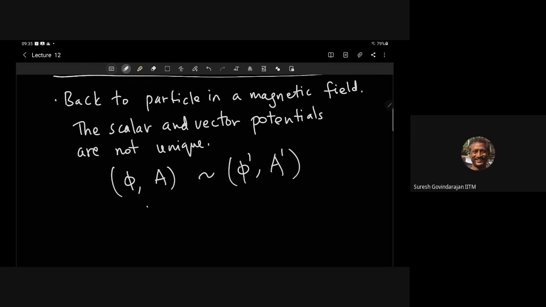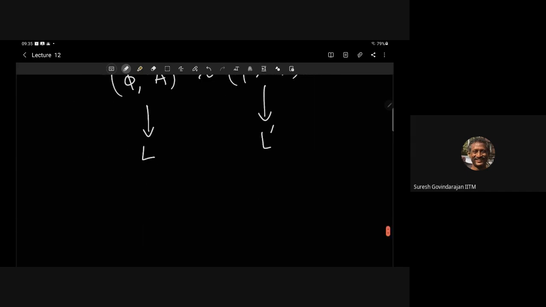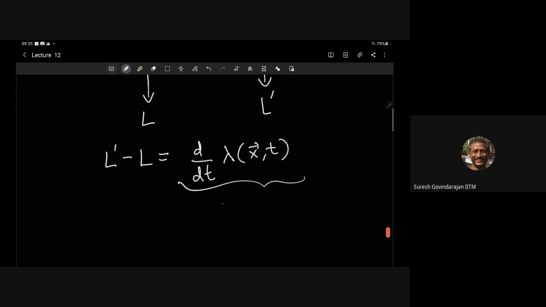If you input one, you get L, and if you input the other, you get L prime. And this is exactly what we showed in class: L prime minus L was just d by dt of lambda, the so-called gauge parameter. So it's a total time derivative.